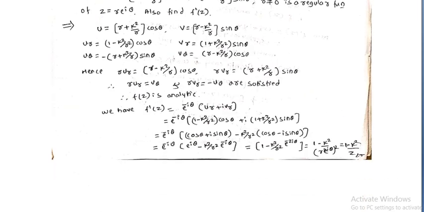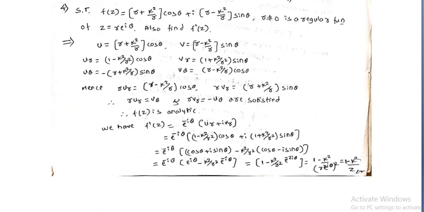Next example, show that f of z equal to r plus k square by r cos theta plus i times r minus k square by r sin theta, where r is not equal to 0, is a regular function of z equal to r e to the power i theta, and also find f dash of z here.